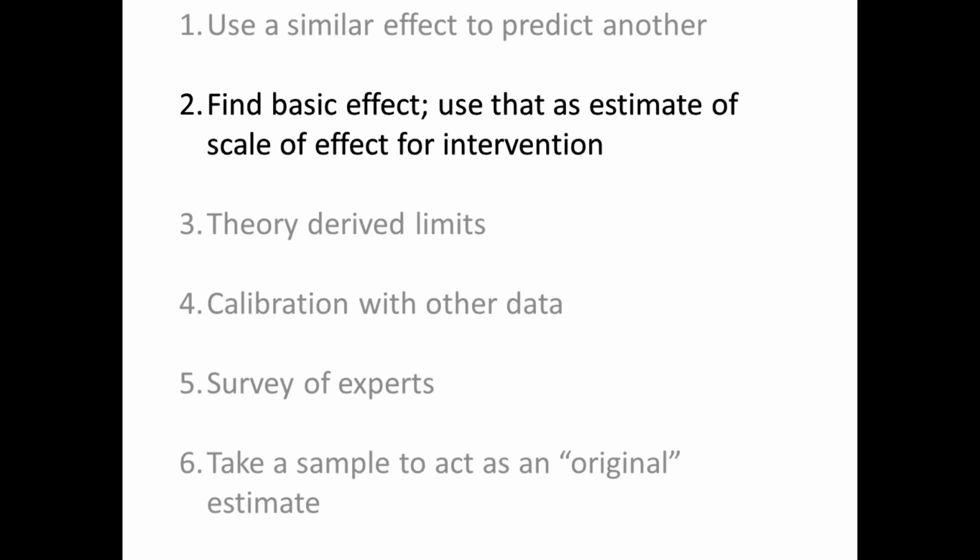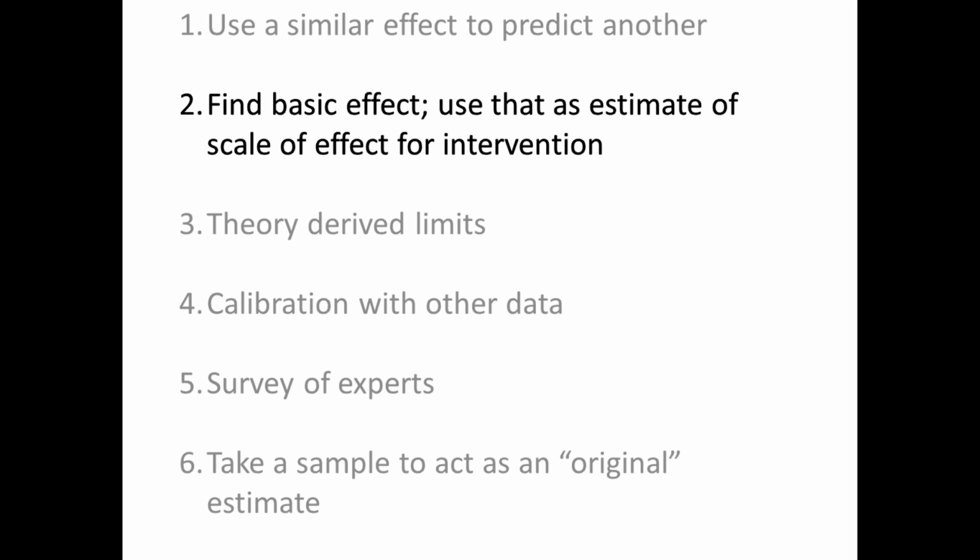Now, a very similar strategy is to just find a basic effect and say, well, that's the sort of magnitude or scale of effect we could get if we manipulated it, if we intervened on it.